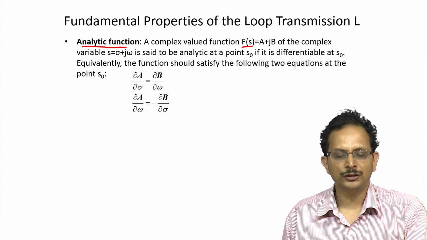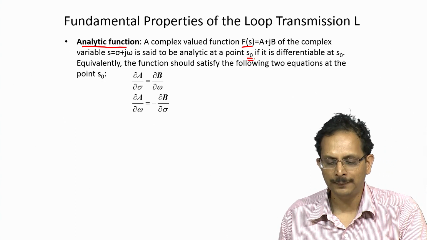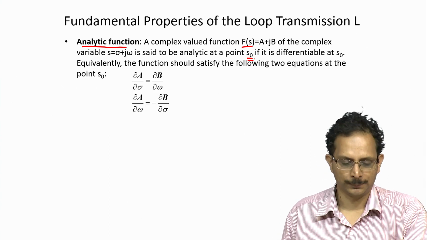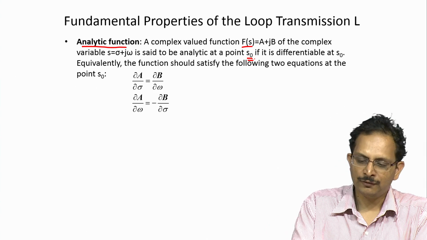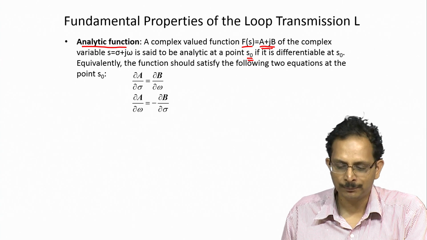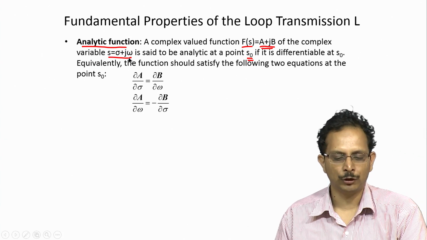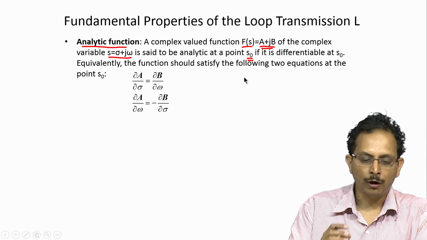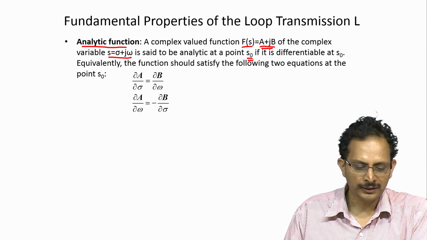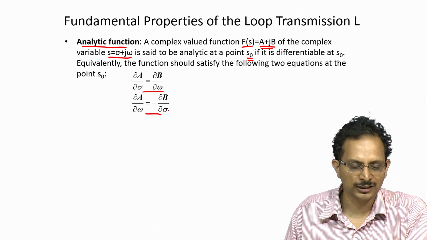So, if a function f of s is differentiable at a point s naught in the complex plane, then it is said to be analytic at the point s naught. Equivalently, if we write this function in the form f of s is equal to a plus jb, where the complex number s is given by s is equal to sigma plus j omega, then for a function to be analytic at a particular point, then we should have these two equations to be simultaneously satisfied.